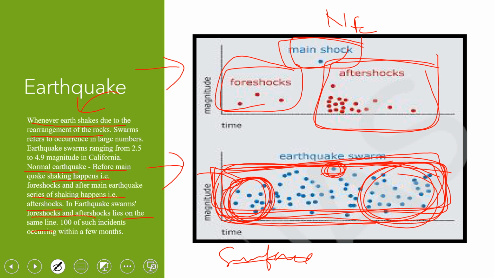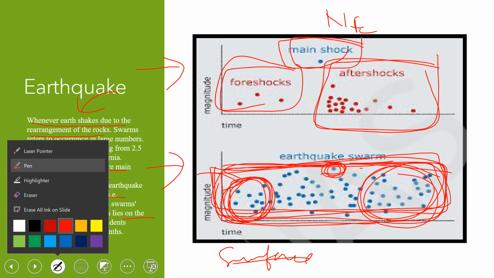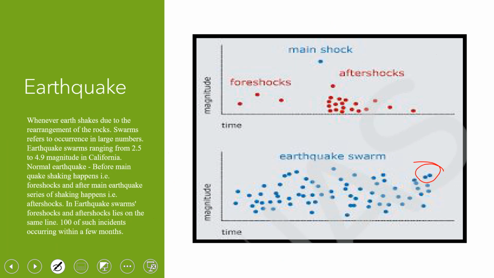Because we can see that this dot and this dot have lots of difference. The aftershock is here, then again aftershock we can see this shock, and if we denote this dot as a main shock, then there is not much difference between those magnitudes.